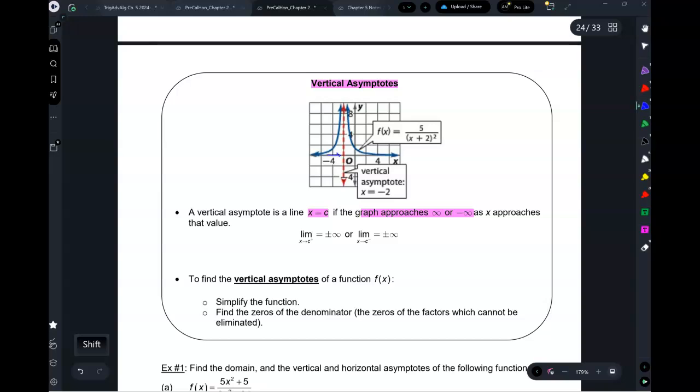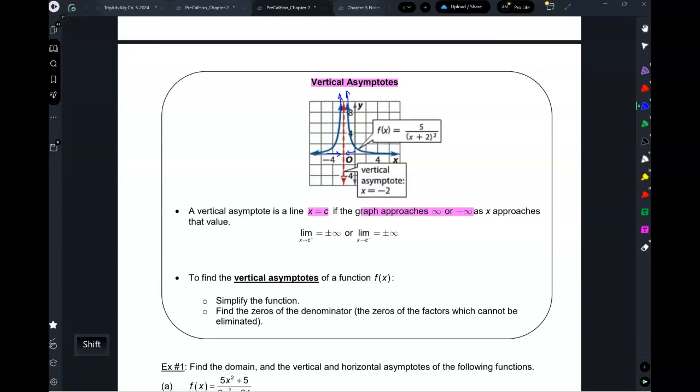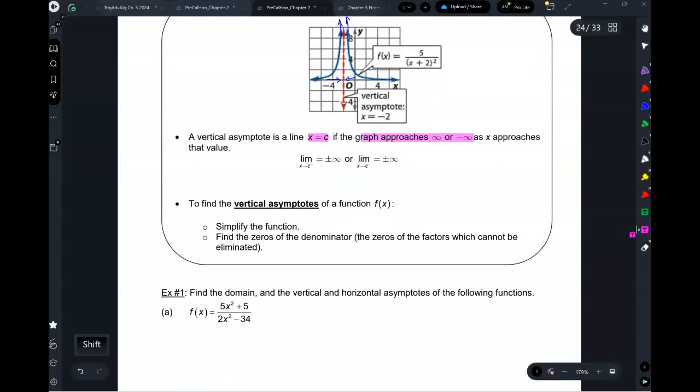As you approach negative 2 from the left, the graph is going up to the infinities. As you approach negative 2 from the right, the graph is going up to the infinities. So if, as you approach a value, the graph is going up to infinity or down to infinity, there is a vertical asymptote at that point. So, how do you find vertical asymptotes?